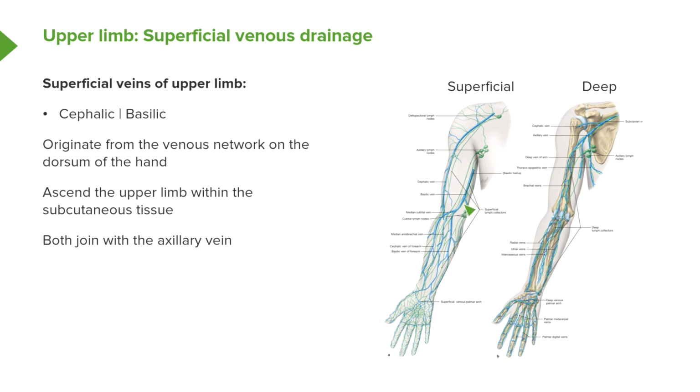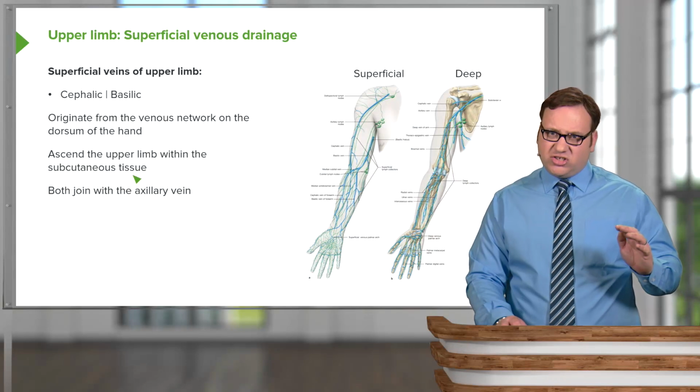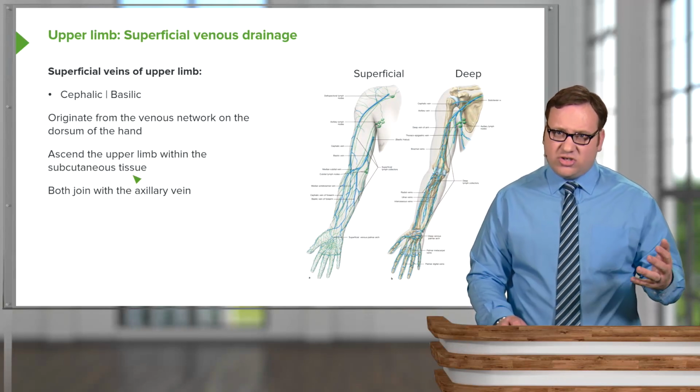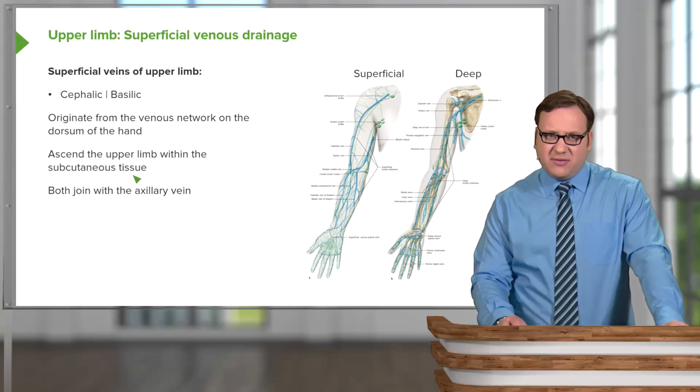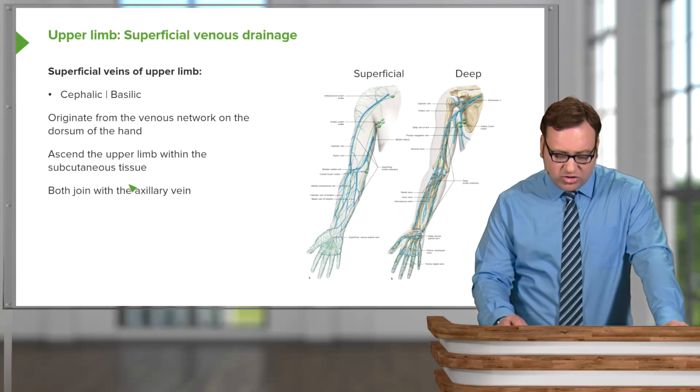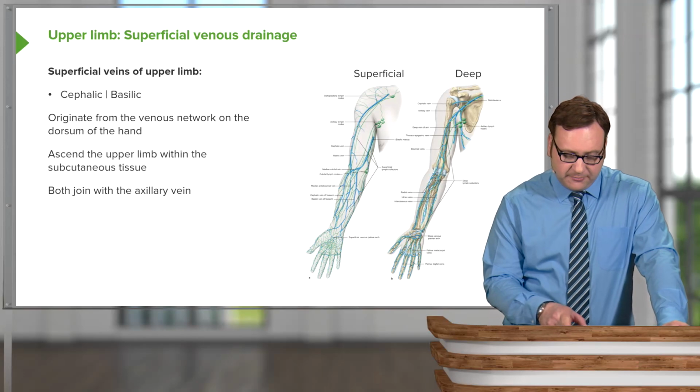This will pass all the way up to form the axillary vein, and here we can see the cephalic vein, which will run all the way up and pass into the axillary vein. These ascend up the upper limb within the subcutaneous tissue. So they run superficial to the deep fascia, and both of these join up with the axillary vein.